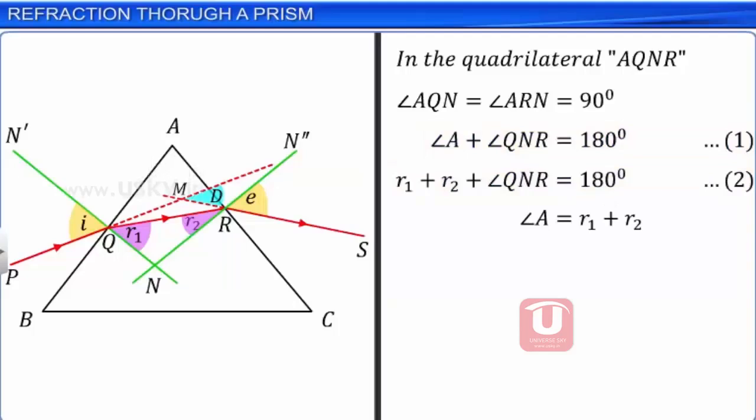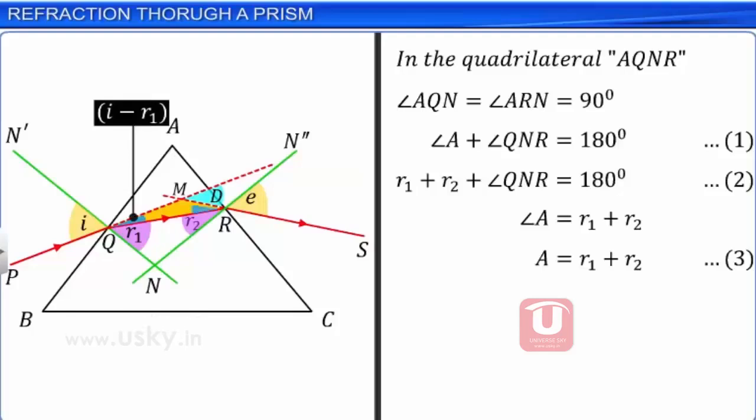Since in a triangle, the external angle is equal to the sum of the 2 opposite internal angles, for the triangle MQR, we have D is equal to i minus r1 plus e minus r2, or D is equal to i plus e minus of r1 plus r2. On substituting the value of angle A from equation 3, we get D is equal to i plus e minus A. Let this be equation 4.